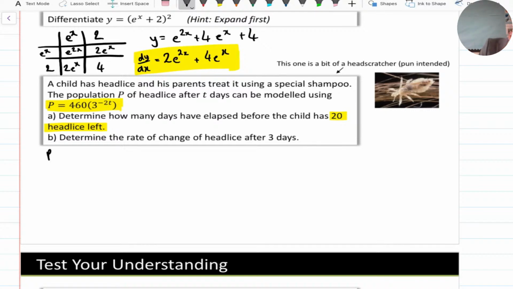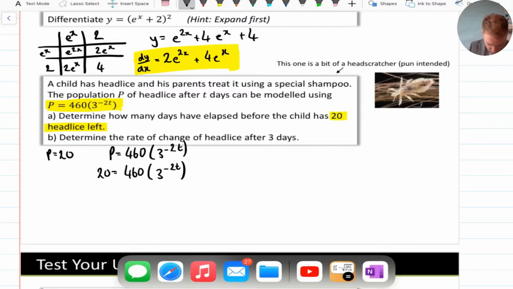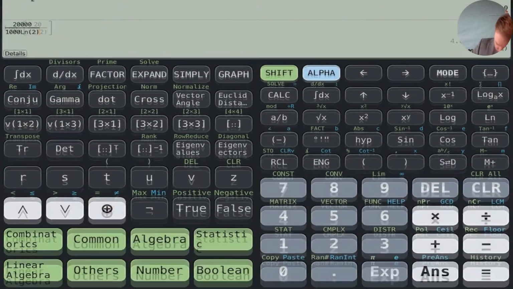So we're going to say that P is equal to 20. We're subbing that into this formula, which is P is equal to 460 times by 3 to the minus 2t. So 20 is equal to 460 times by 3 to the minus 2t. Divide by that 460.